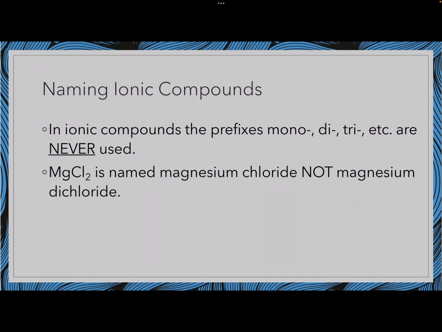Covalent compounds you can arrange in different ways because they're sharing electrons, not giving them off or taking them in. So for example, with covalent, you can have nitrogen dioxide or dinitrogen oxide, and you need that di-tri naming convention there, but you don't need it for ionic. These go into set patterns, and the actual patterns we'll look at next lesson.